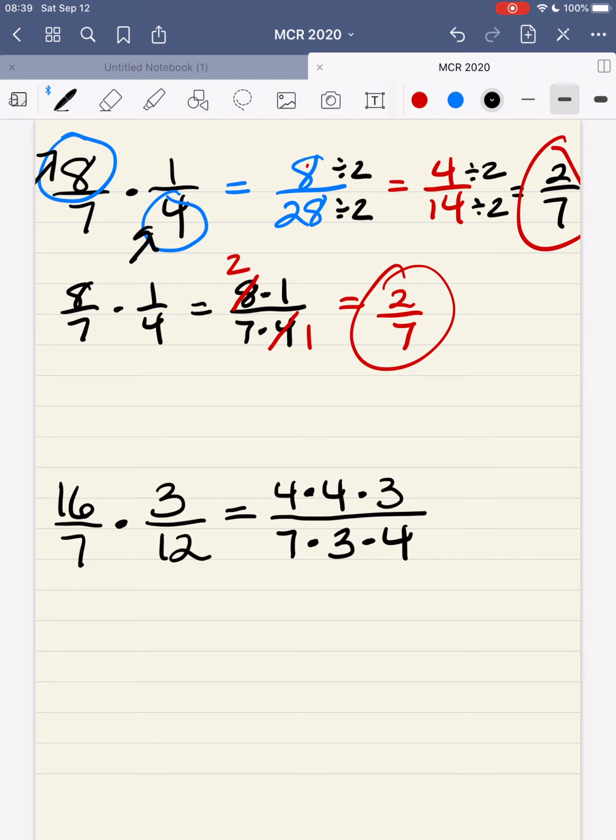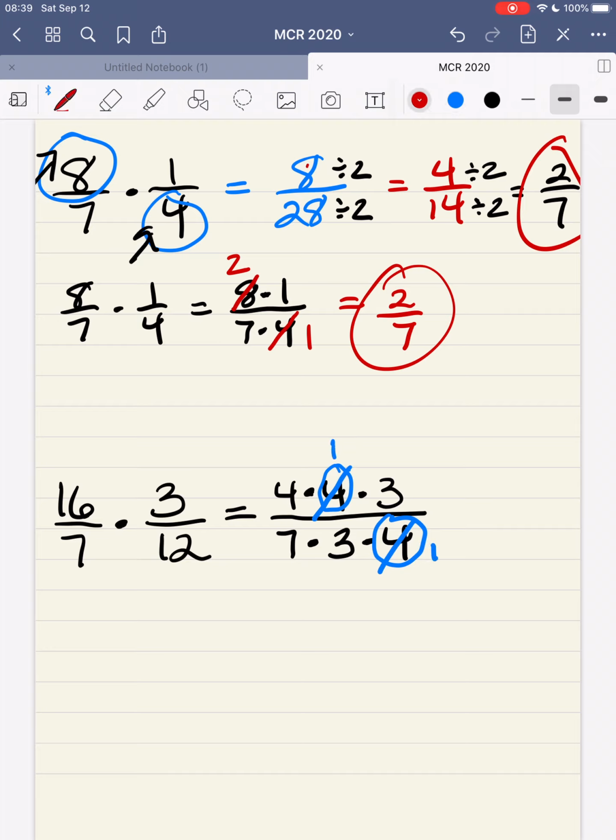So rather than multiplying these straight across, what I want to look for is, do I have the same number in the top as the bottom? And if I do, I can cancel one of each, one on the top and one on the bottom. So I can just go ahead and cancel out these 4s. And what happens when I cancel out the 4s, they become 1s. I can write myself a note for that or not.